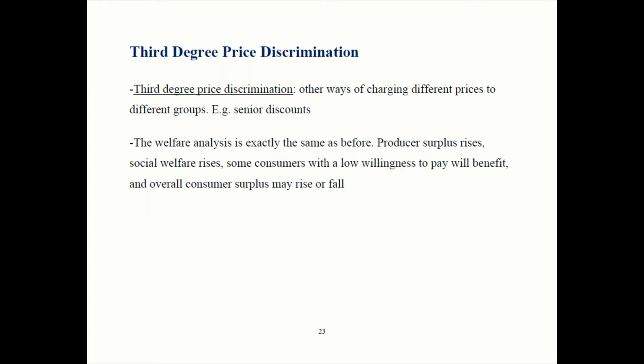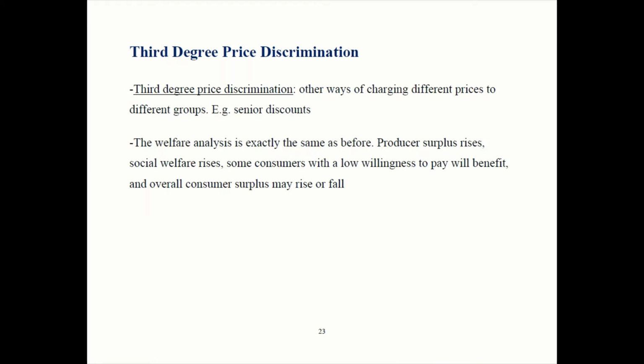This usually involves basing prices on things like your demographics. A senior discount is an example of third degree price discrimination. So I'm going to skip over the welfare analysis because it's going to be exactly the same as it was back in the earlier episode, when we looked at second degree price discrimination and bundling. Some of our big takeaways were that producer surplus will definitely rise.